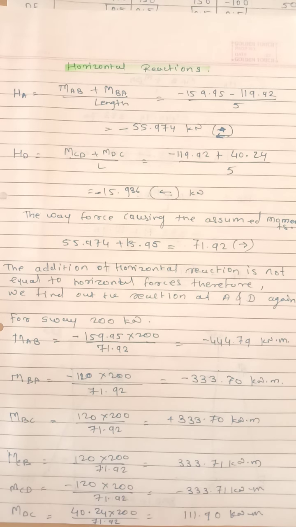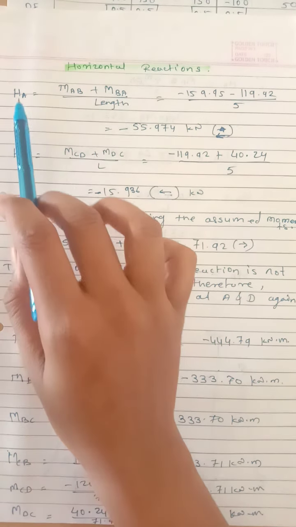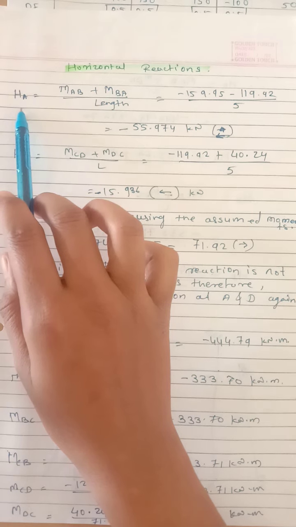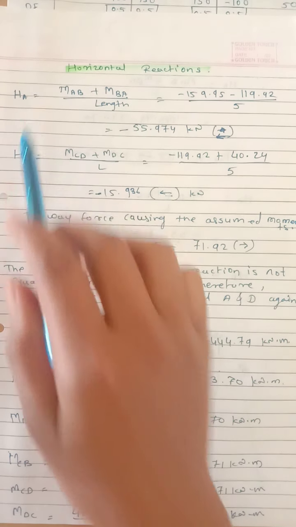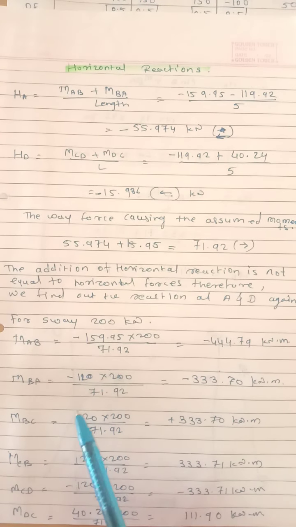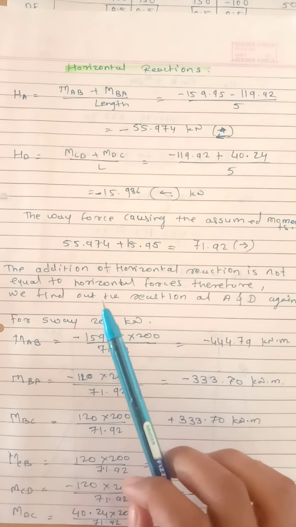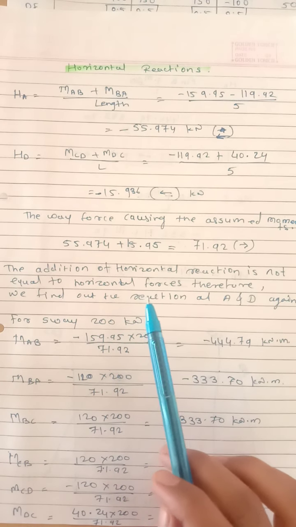So here let us see. First, the horizontal reaction at member A is equal to, the formula is, end movement at member AB plus end movement at member BA divided by length.